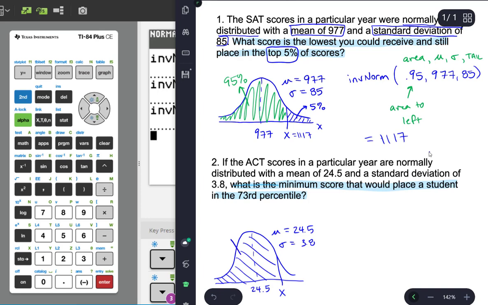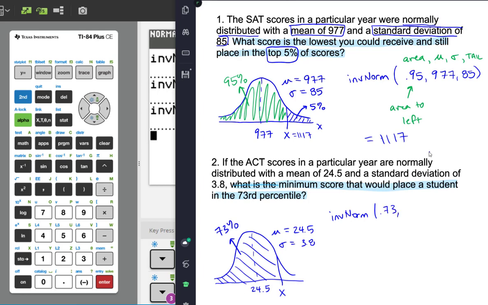So what we're going to do in the calculator is use inverse norm, 0.73. We don't need to worry about conversions here at all because 73% is the area to the left. The mean is 24.5 and the standard deviation is 3.8.